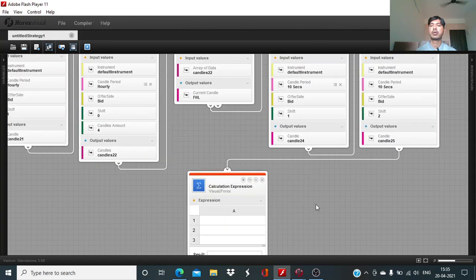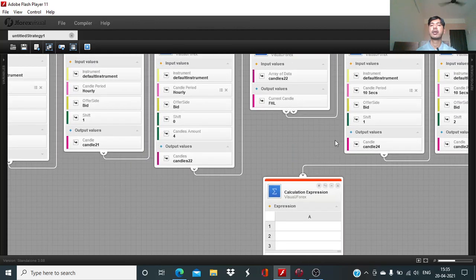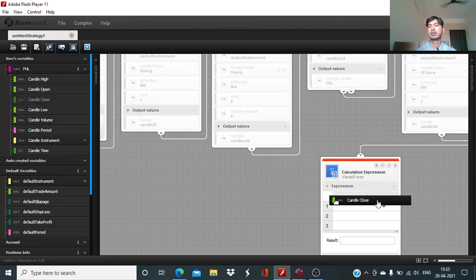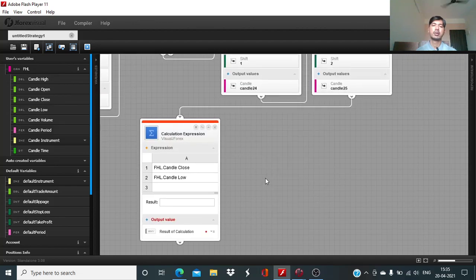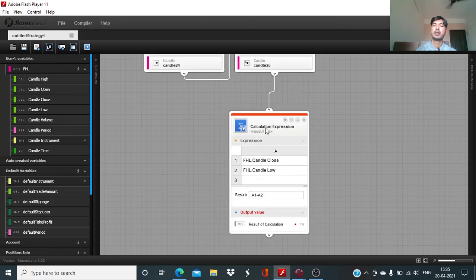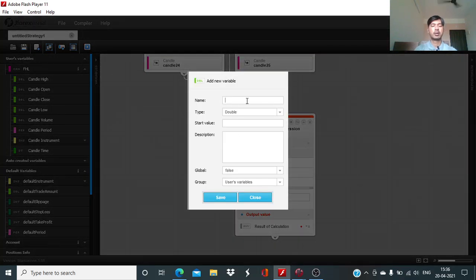Okay. So last hour's close FHL and its low, and the result will be A1 minus A2, and this will be the difference defined to be used for the entry condition.